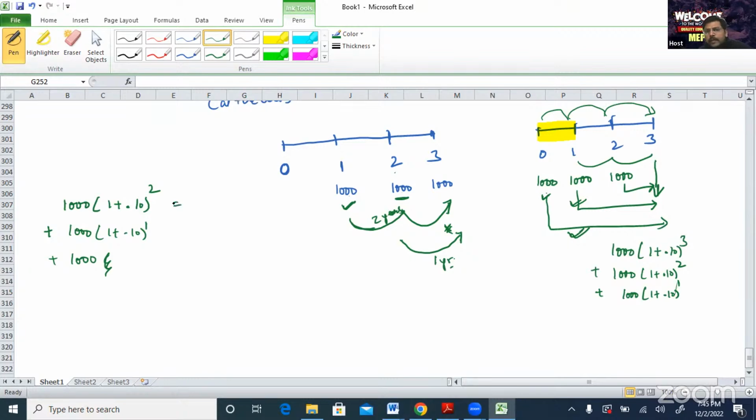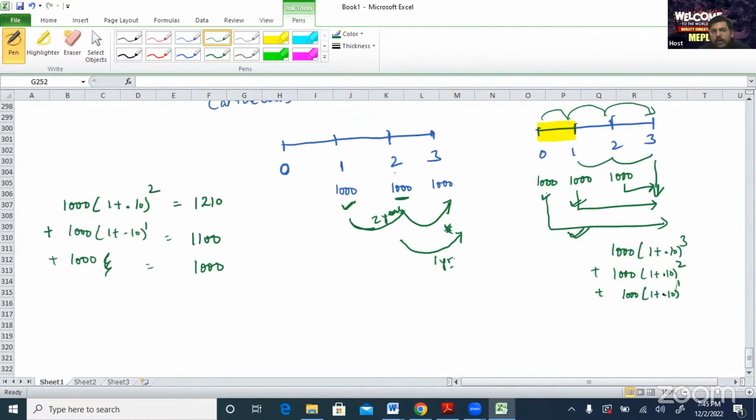So again, I can solve for future value. Let me solve it. So 1000 into 1.10, that is 1100. And again, this is 1210.